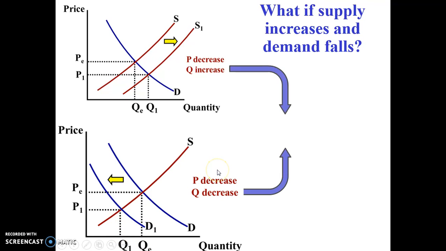So in this situation, the price definitely went down. It decreased when the supply increased, and it decreased when the demand decreased. But the quantity increased when the supply went up, and it decreased when the demand went down. So in this example, the price definitely is going to decrease, but quantity, we're not sure.